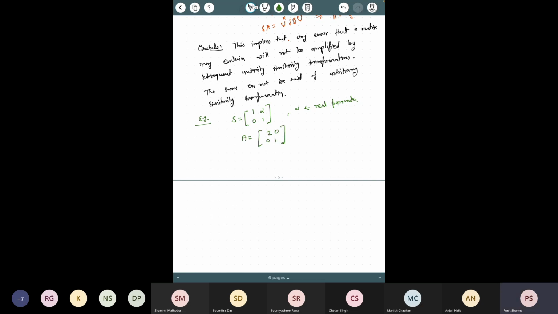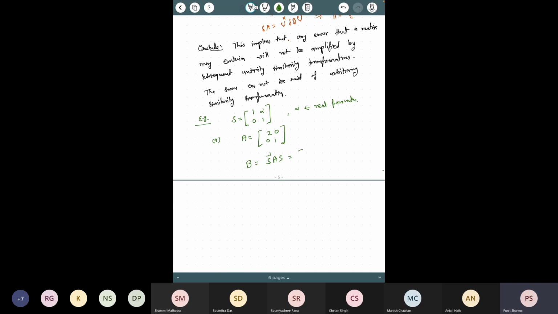So I'll give you 2 examples. Let us look at this first example with the same S. And you use this S matrix for the standard similarity transformation. That means you just do S inverse AS, and suppose that this is the matrix B. Okay. So what is B? You just multiply S inverse A and S.